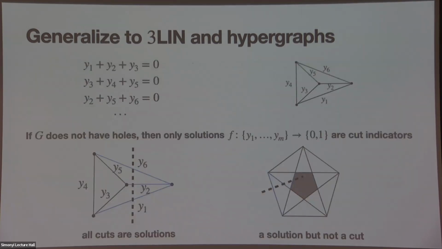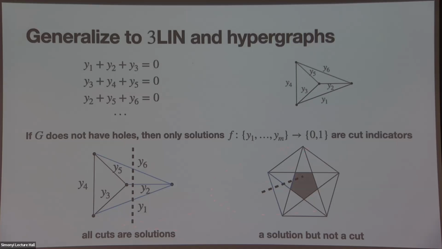I won't prove it, but real quick for intuition, we can show pretty simply that all cuts are solutions. For example, here these blue edges are a cut, and every triangle contains either two edges from the cut or no edges from the cut. Translating this back to the linear equation case, it means the cut indicator satisfies all of these equations.